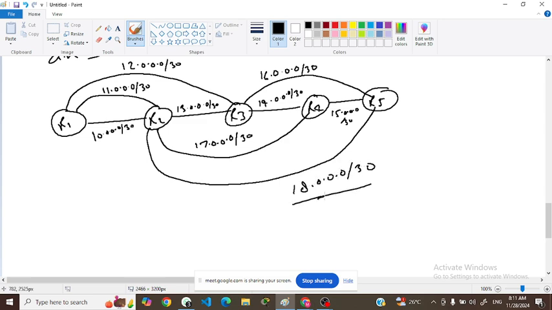So these networks will be in the routing table of R1. Once you configure this topology, these network IDs will appear in the routing table as prefixes.